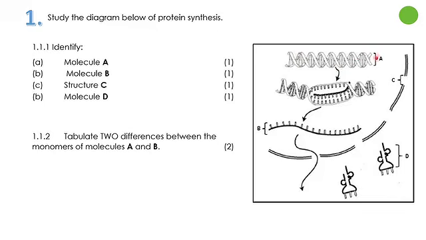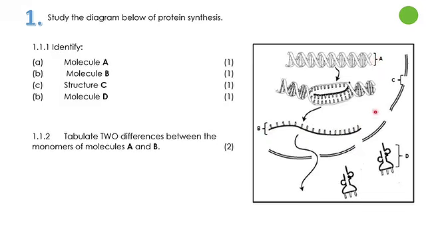So here we've got our DNA double helix. I always tell my learners, it's a good idea just to write it all out, but it is the DNA. Then we need to find molecule B, and that represents our mRNA strand. We can see that it is single-stranded, which is also one of the requirements for RNA, while DNA is double-stranded. So that's how we identify it.